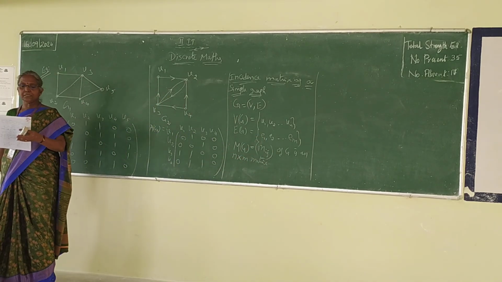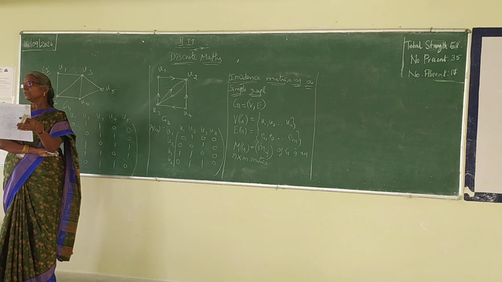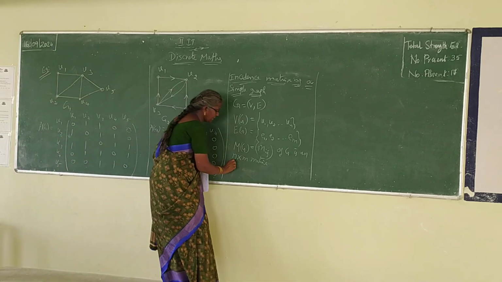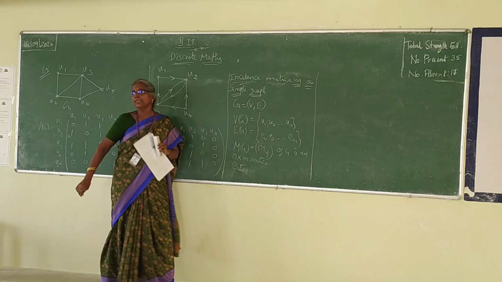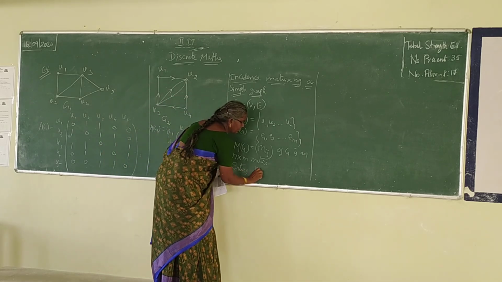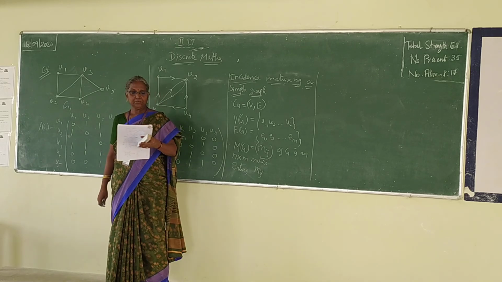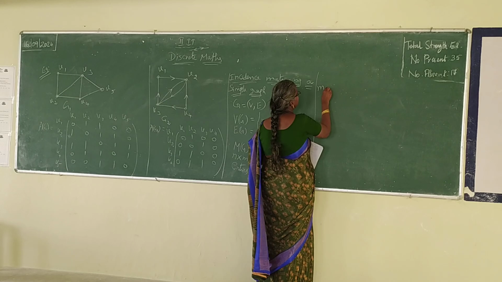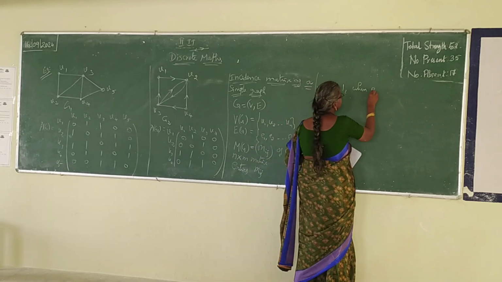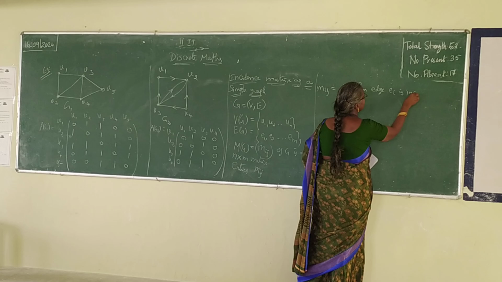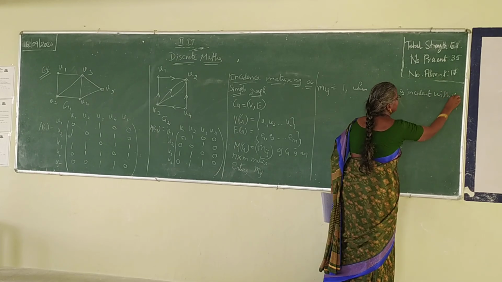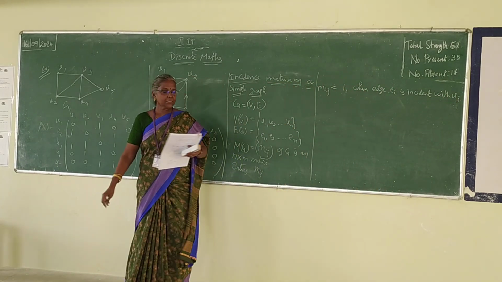So an n by m matrix with entries, E-N-T-R-I-E-S, entries M_ij, where M_ij is equal to 1 if e_i is incident with v_j, and it is equal to 0 otherwise.